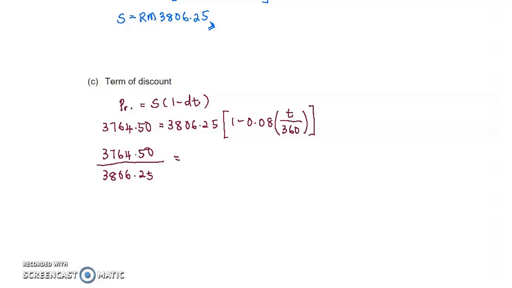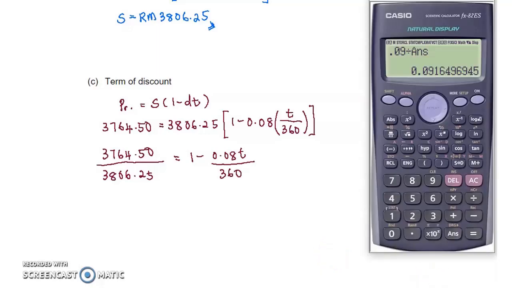So on right hand side here you have 1 minus 0.08t divided by 360. So on left hand side here, what is the value? 3764.5 divided by 3806.25. So if you want to write in fraction also, no problem.